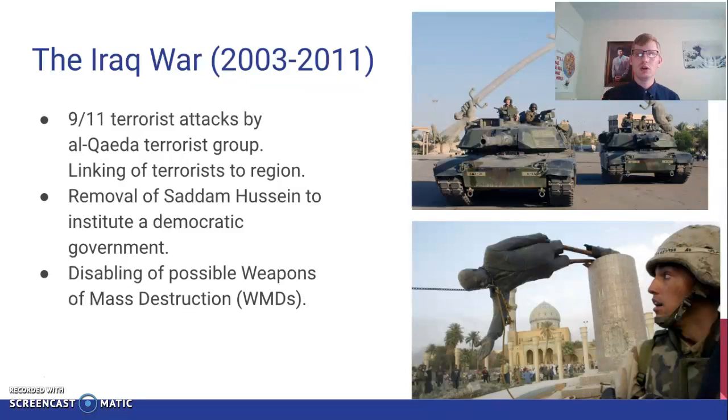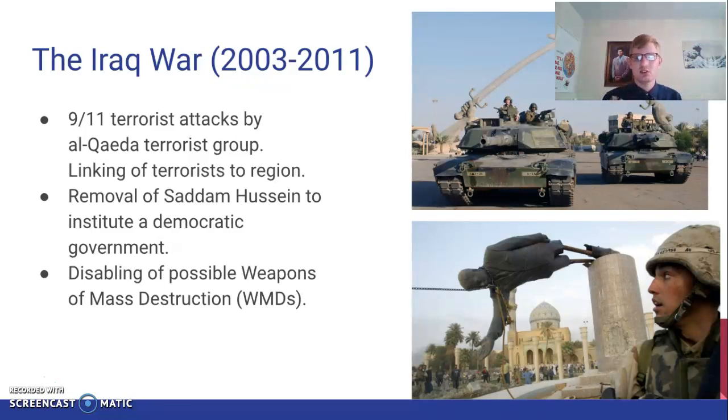But we all know about the attacks on September 11th, 2001 by the Al-Qaeda terrorist group, and what a trying time for our nation that was. But the United States believed that Saddam Hussein and Iraq either were harboring terrorists or were in league with those terrorists to carry out further attacks on the United States.